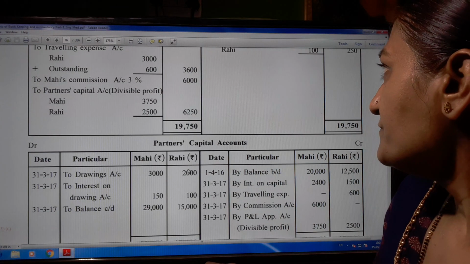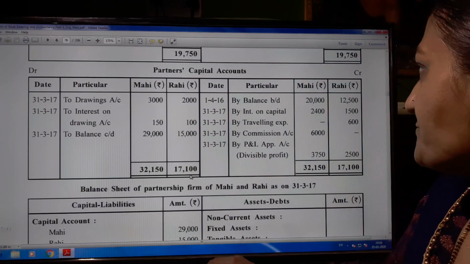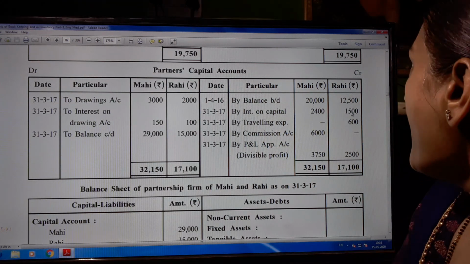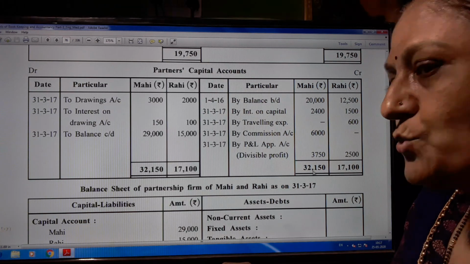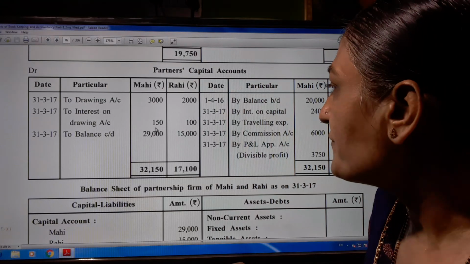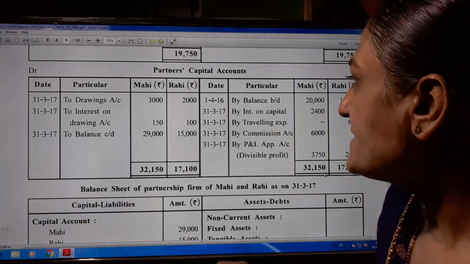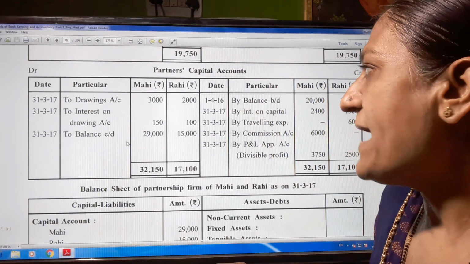Now, here the total of the credit side of Mahi is 32,150 and Rahi's is 17,100. Mahi's credit side is 32,150 and debit side 3,150. So when we subtract the debit side from the credit side, we find the difference 29,000, and it is the balance carried down.